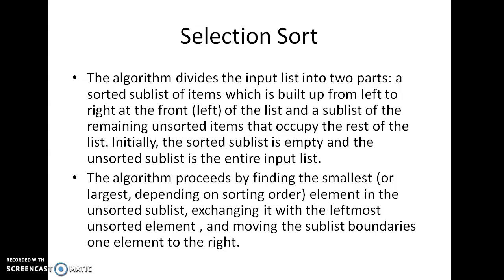The main aim of our algorithm is, in the unsorted list, to find out the smallest element and swap it with the element we are placing. This algorithm is used for exchanging the leftmost unsorted element with the least element that is present in the unsorted list.